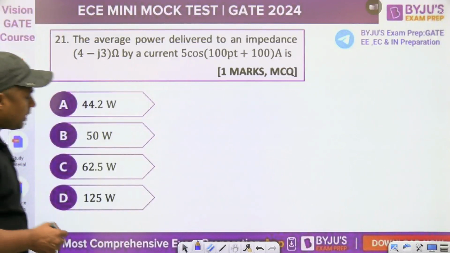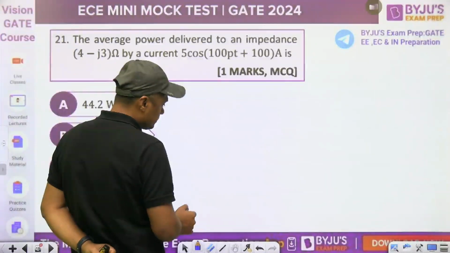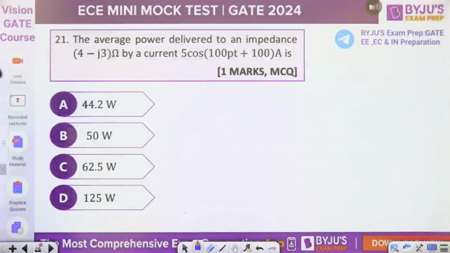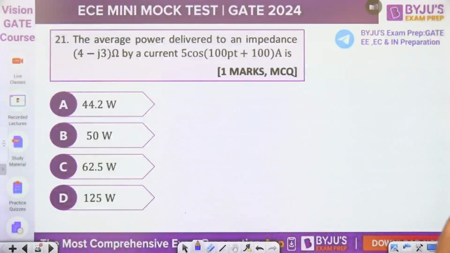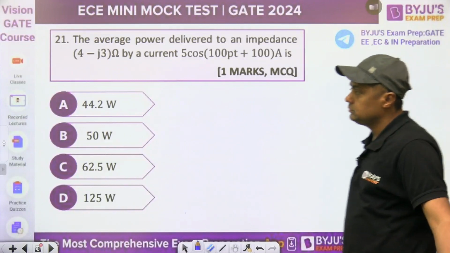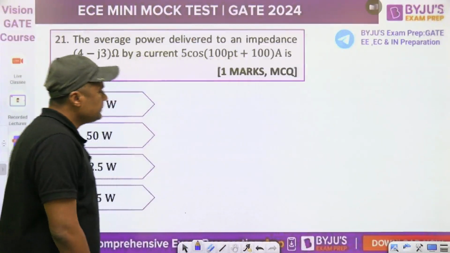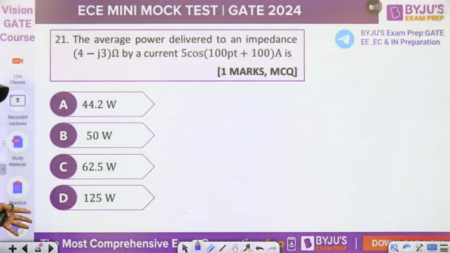Then what is the average power? Remember, use your rough copy, try to solve and then see the solution.